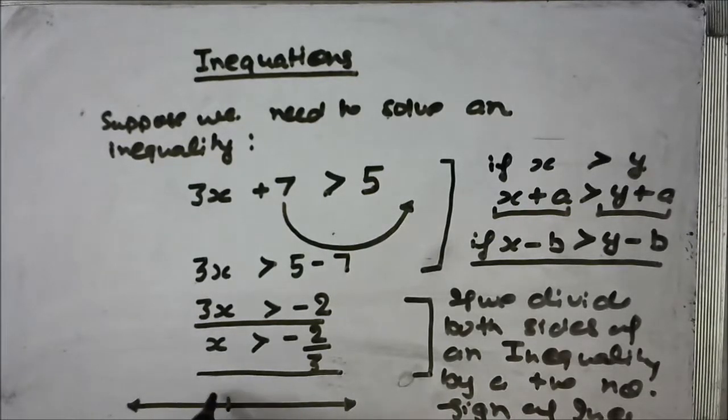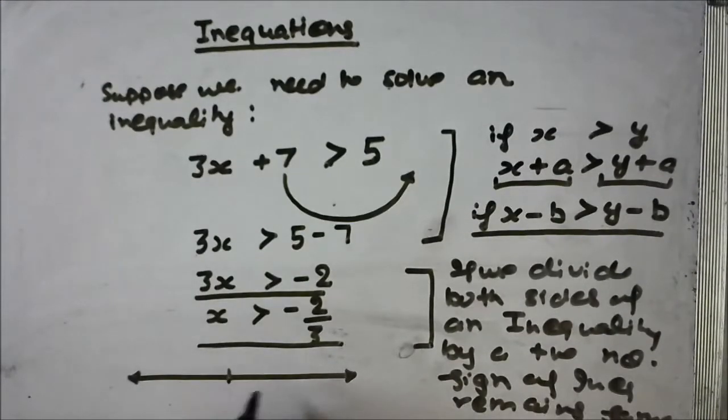While plotting the results of inequalities on number line, it is up to us whether we put 0 on the number line or not, because our main concern is to indicate the critical points related to the inequality.